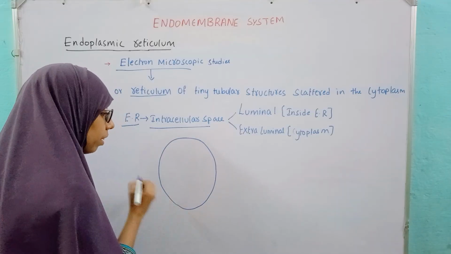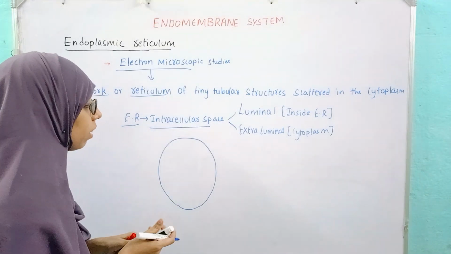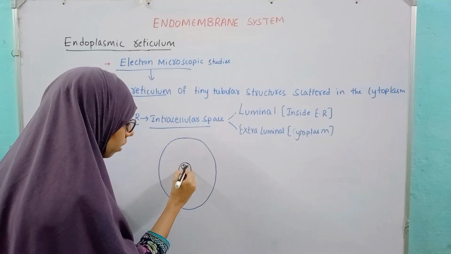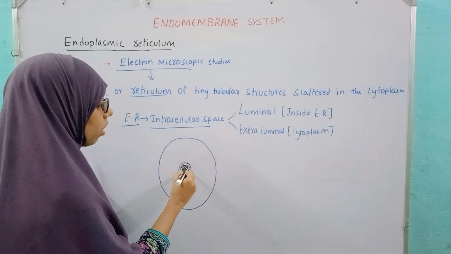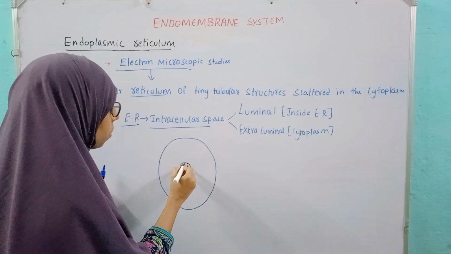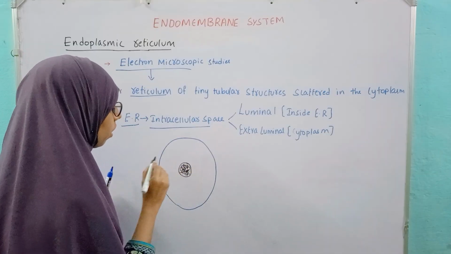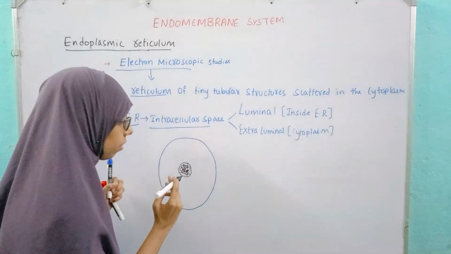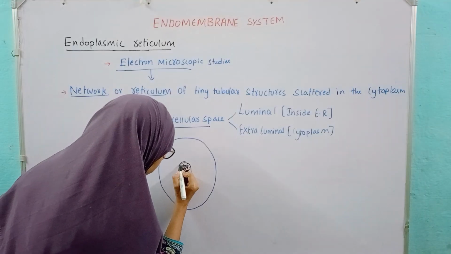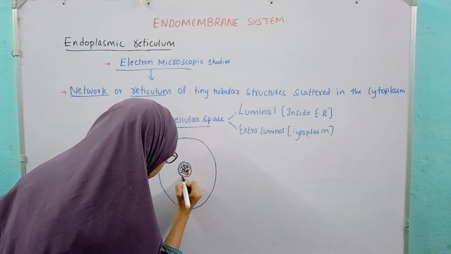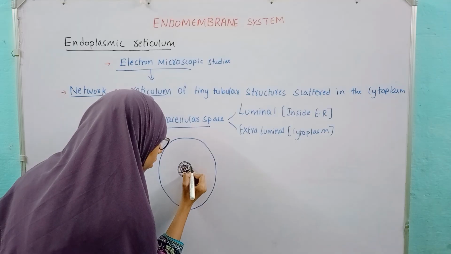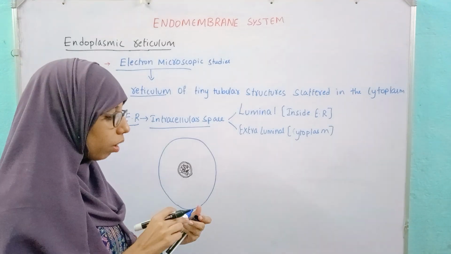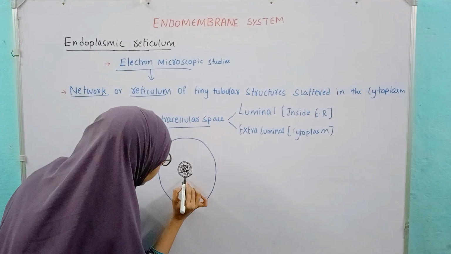For example, let it be a cell. The cell has a nucleus. The nucleus is present inside the cell, and it is a double membrane bound structure. From the outer membrane of the nucleus, we see a network of tubules.